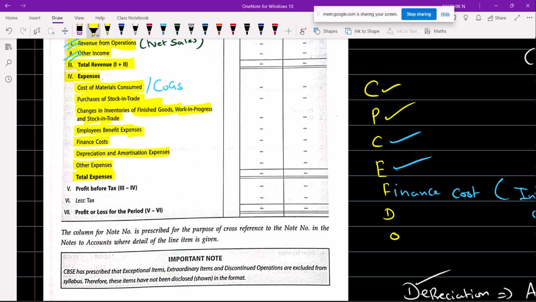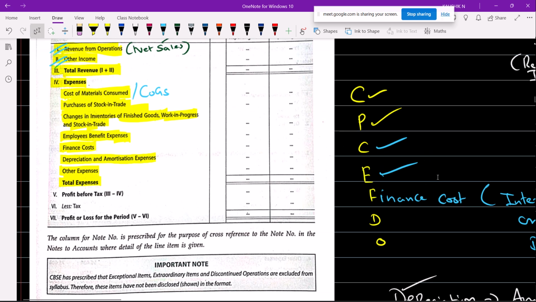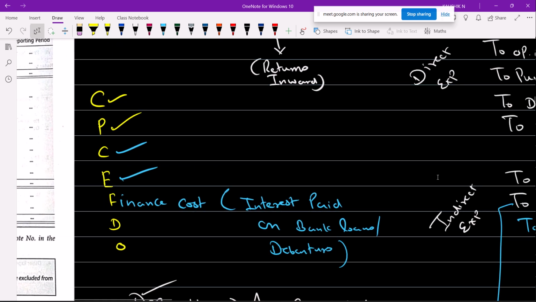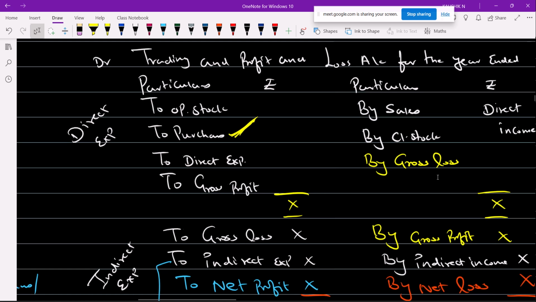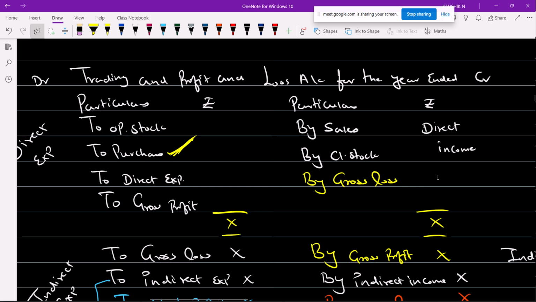Now you know very well how we find profit or loss: by comparing the revenue, that is income, and expenses. Am I right? While doing the trading account, what we did was, if your total of credit side is more compared to the debit side total, then we declare it as gross profit.